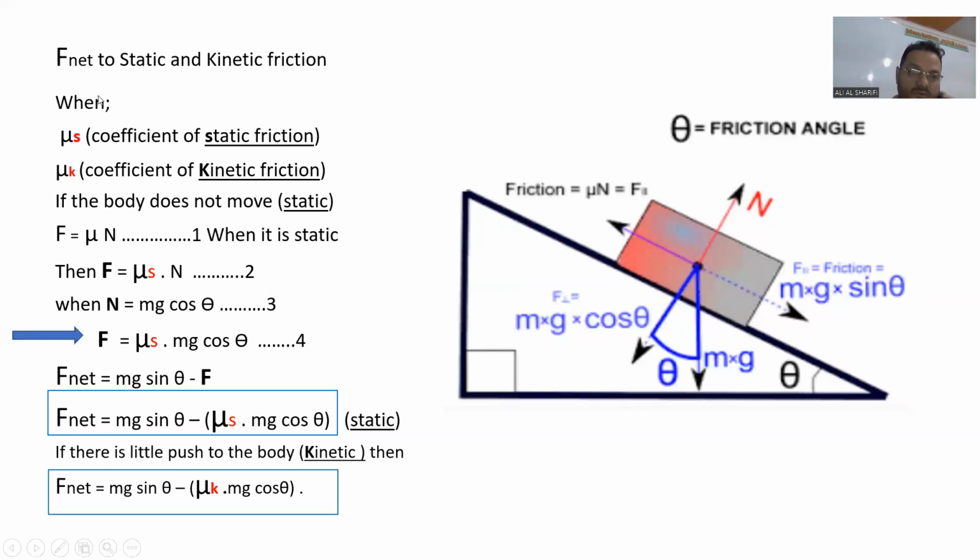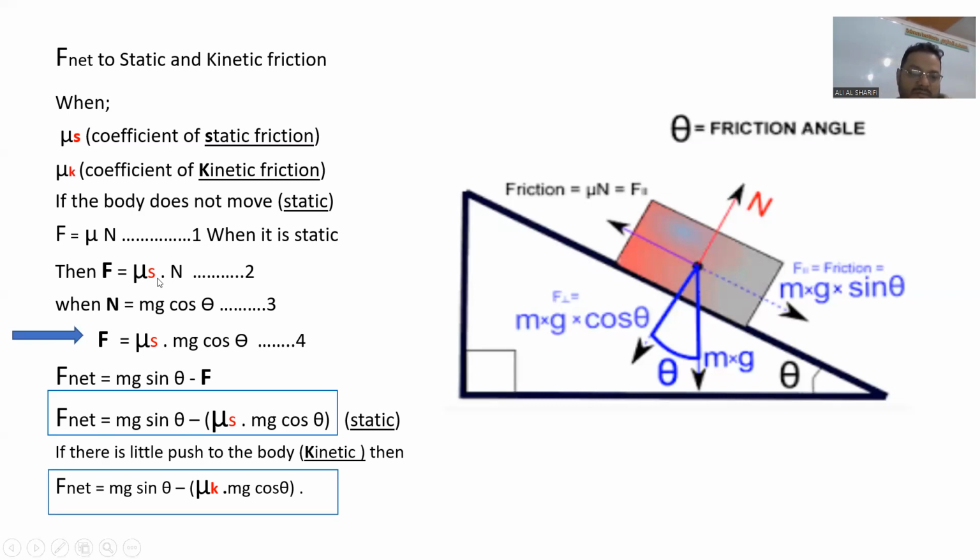Here, let's come back to the details. Let me say mu s means the coefficient of static friction, mu k the kinetic friction. If the body doesn't move, static, when we don't have any movement, the frictional force will equal the coefficient multiplied by the normal force, like I said before.